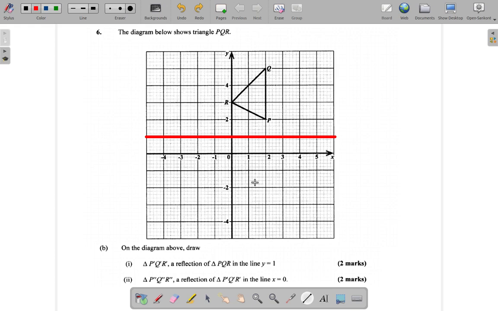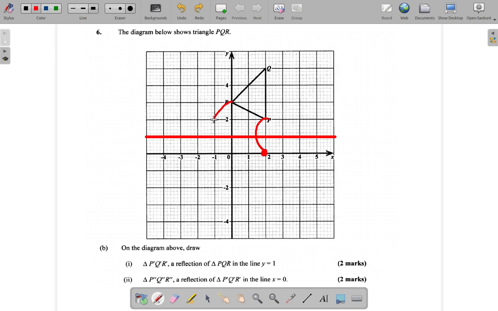It would be like putting a mirror right here and looking down in the mirror to see the reflection of this triangle. Now, each point will be equal distance on either side of the line. So P would be reflected to come here.